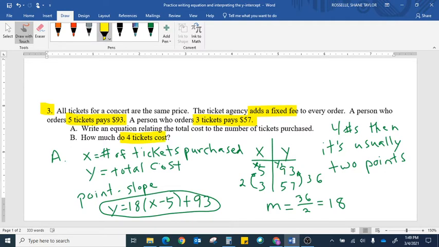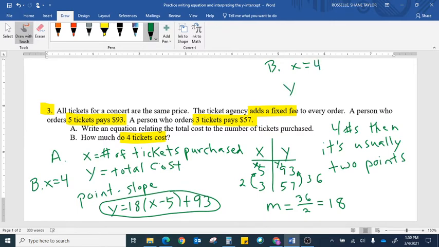The number of tickets purchased is going to be X. So for B, we're going to say X equals 4, because we're talking about 4 tickets.